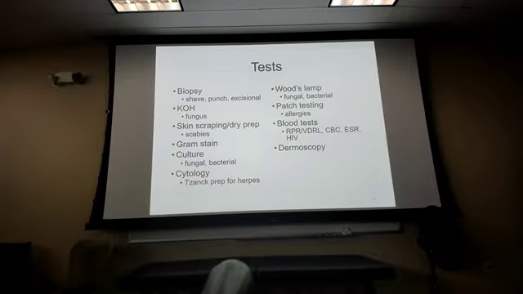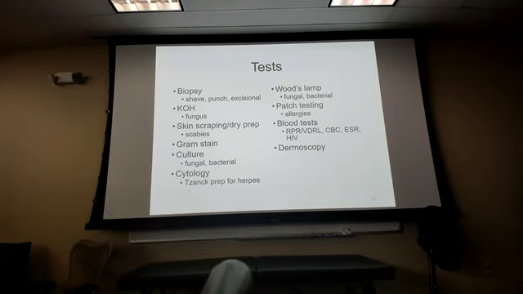Tests. Talked about this, right? We need to get some of the labs, or some additional factors that help to prove or let them know, hey, boom, boom, boom, right? So these are a list of the tests that are out there. Biopsy, shave, punch, excisional, KOH, fungal.